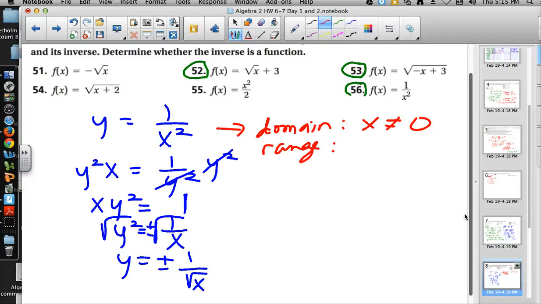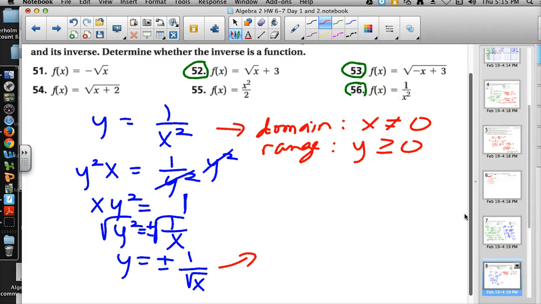So there is a spot here that this graph is not going to go any farther than. And you might want to graph that original with your graphing calculator so that you can see what's going to happen here. But what happens is it never quite makes it to 0, and it's definitely not going to be below that. So y is greater than or equal to 0 is what we get for the range.